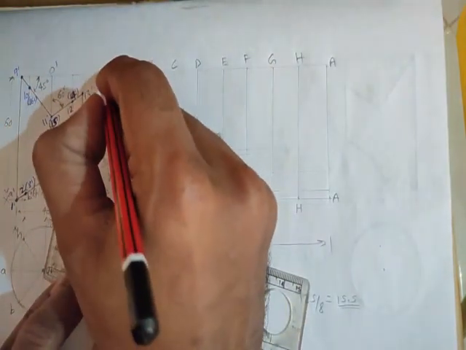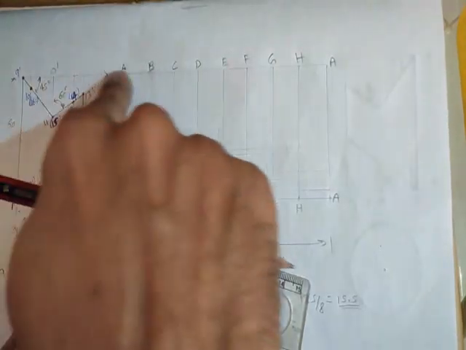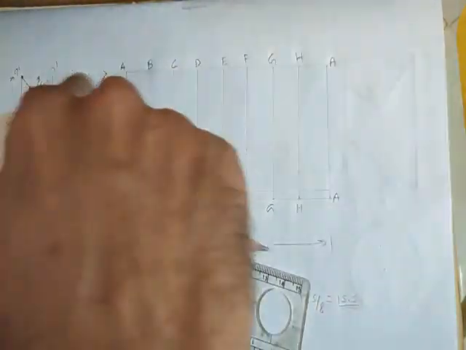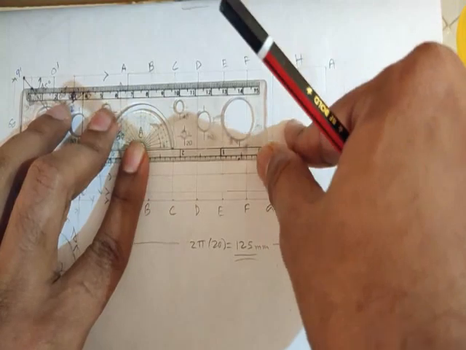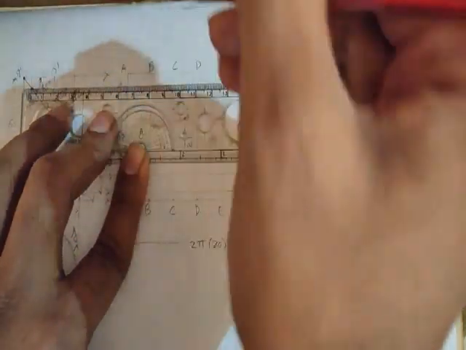Now the remaining, no need to project 9 because it is parallel to the XY line, and it is the top portion of the cone. So this line is already drawn, so you could start with 10 and project them onto the full development by using parallel lines.